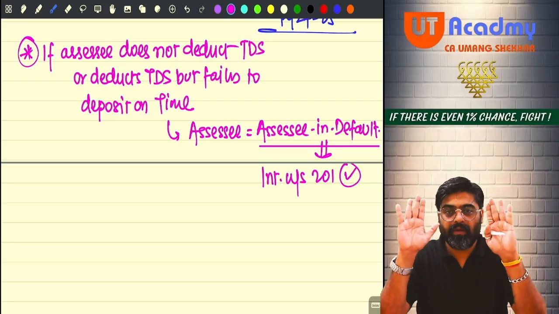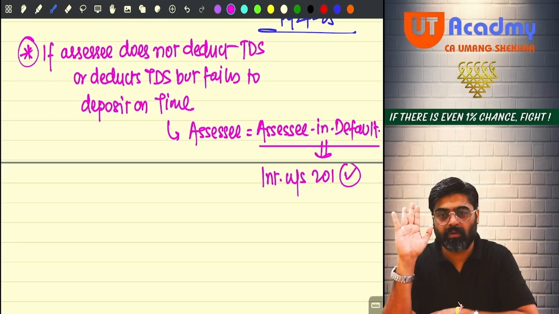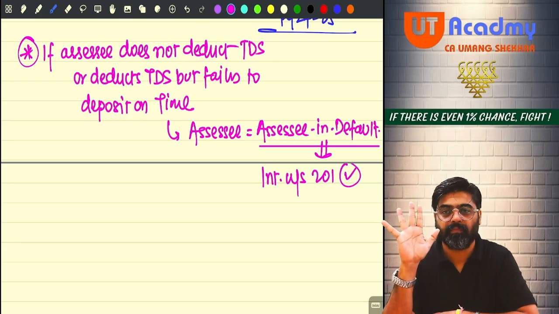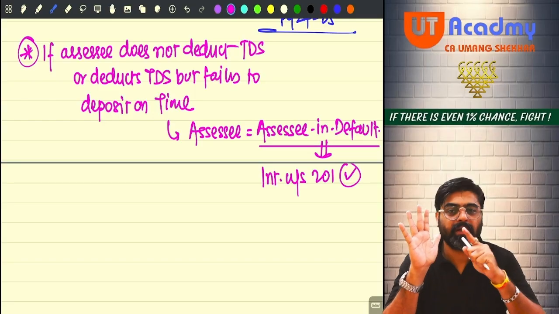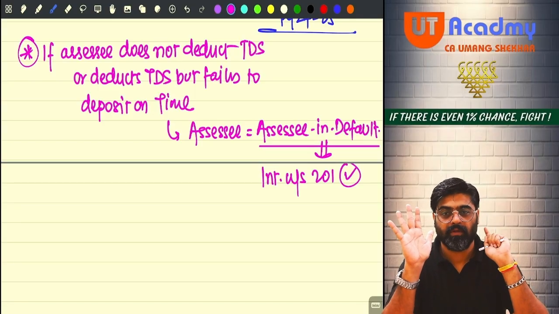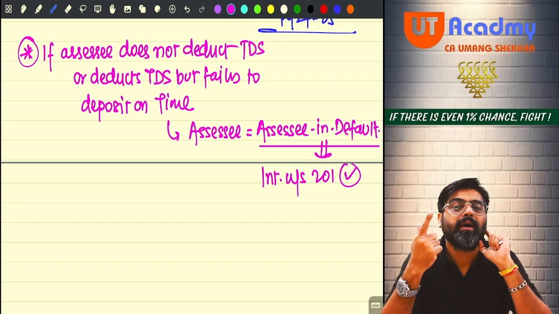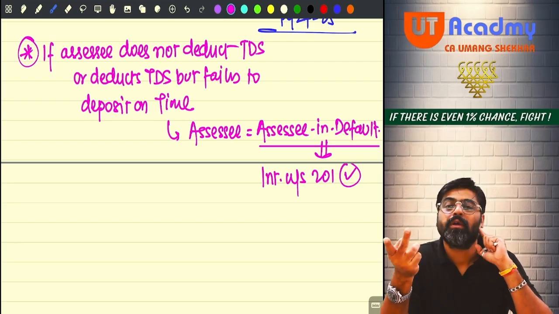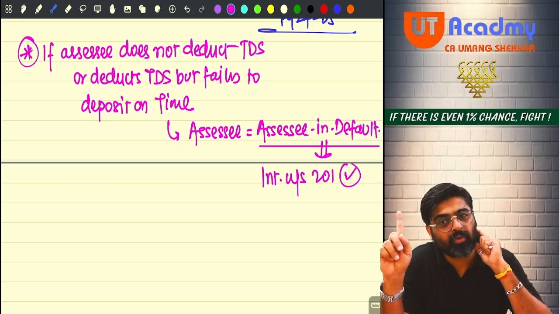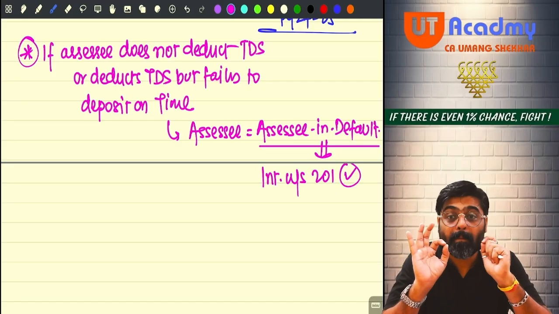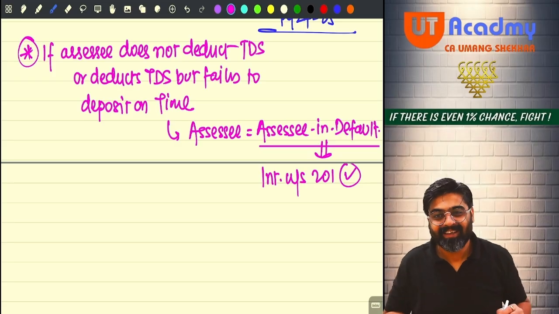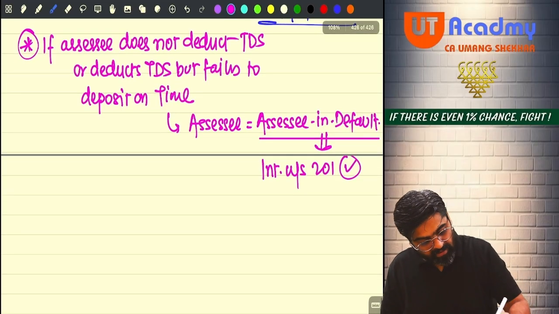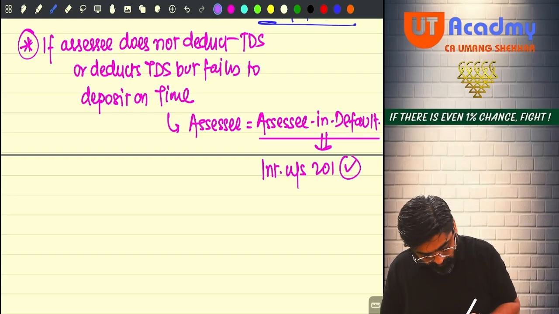But wait, we are not talking about two cases now, we are talking about only the first case. What was the first case? Come on, tell me. Assessee has not deducted TDS. Will he be considered as assessee in default? Yes. Will there be any interest liability under 201? Yes. But there is one exception. What did I say?